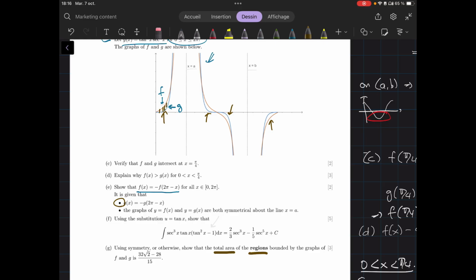That implies that this region over here has the same area as this region over here, has the same area as this region over here, and has the same area as this region over there. You can write out 4 integrals, then show that they are all equal. Or you can state that this is 4 times the area of the region bounded by f and g between 0 and pi by 4.